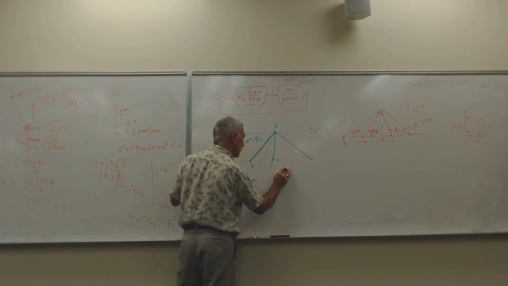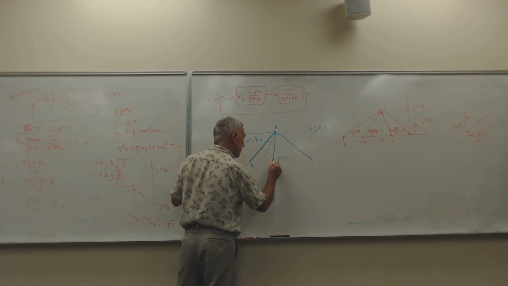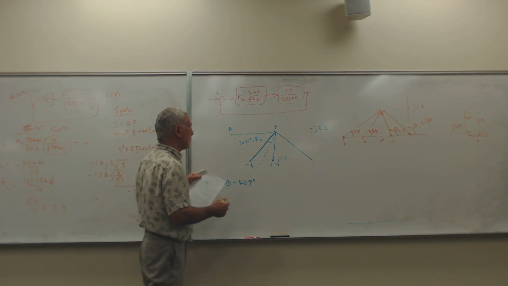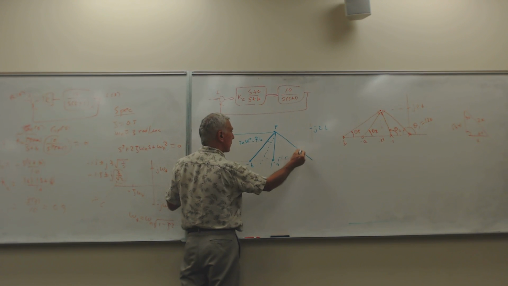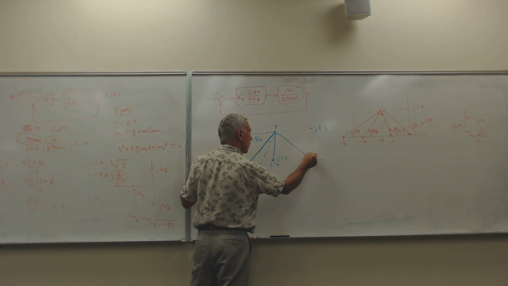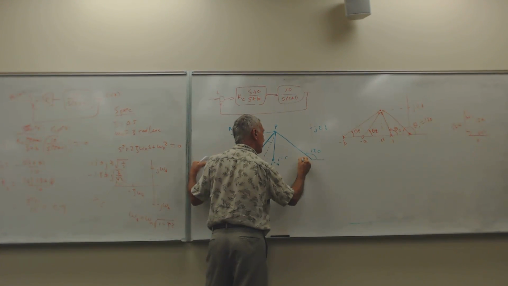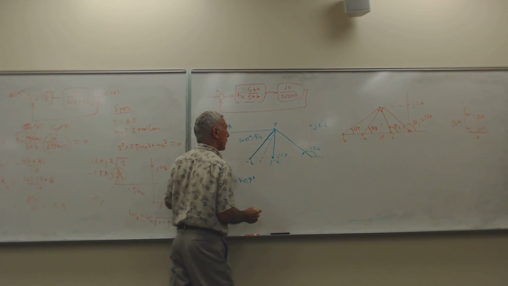Let me remove that minus 1.5 there. This point is minus a. And we remember that this angle here was 60 degrees, right? No, it was 120 degrees, and therefore this is 60 degrees there.